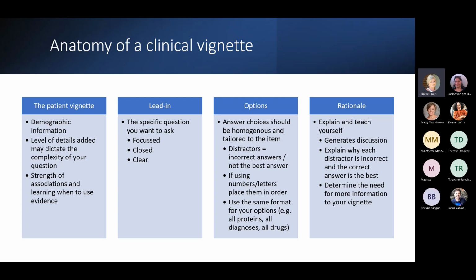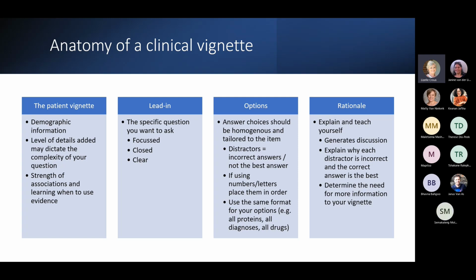And then the rationale for why you've asked this question is maybe important, because that can generate discussion if you're using it as a teaching tool. But also, if you are able to explain why a distractor is incorrect and why the answer is correct, it will create validity of your question, and it will underscore that it's got a place and there's a reason why it's there.